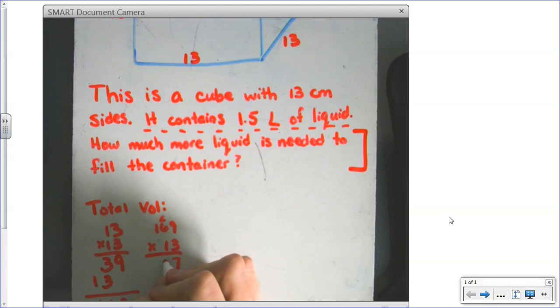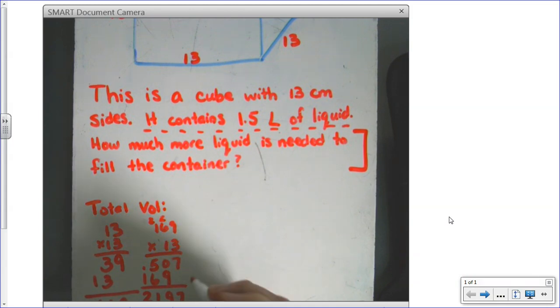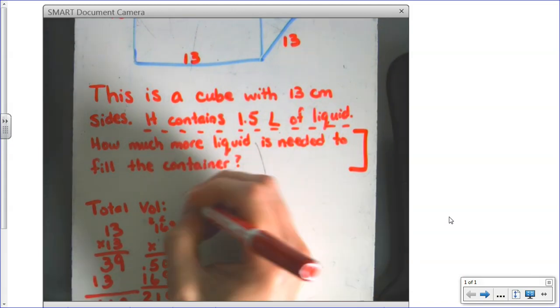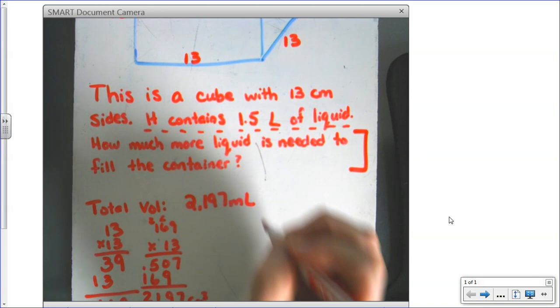And I get 2,197. Now, 2,197 is cubic centimeters, so that also means that its total volume is 2,197 milliliters, right?